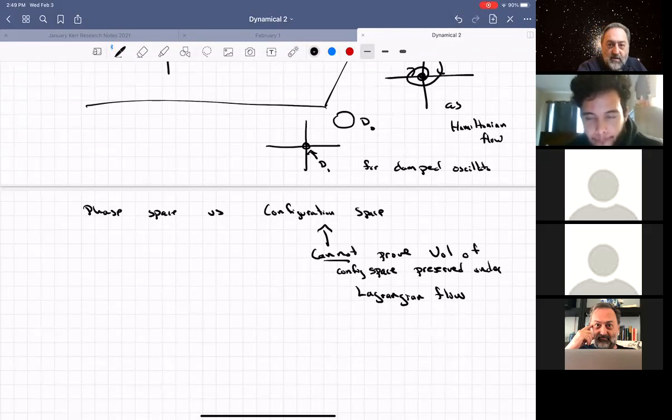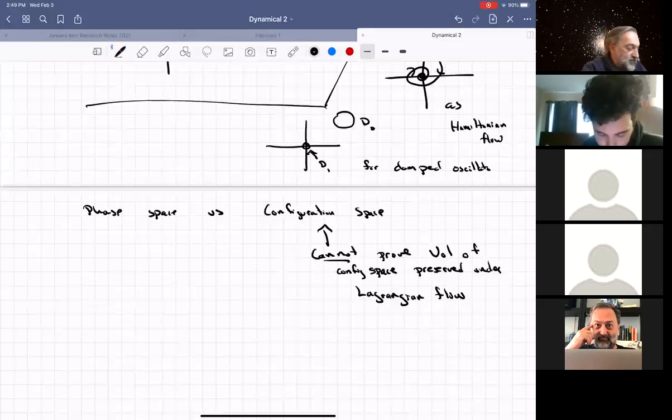So there are subtle differences between how Lagrangian flow acts on configuration space and how Hamiltonian flow acts on phase space.